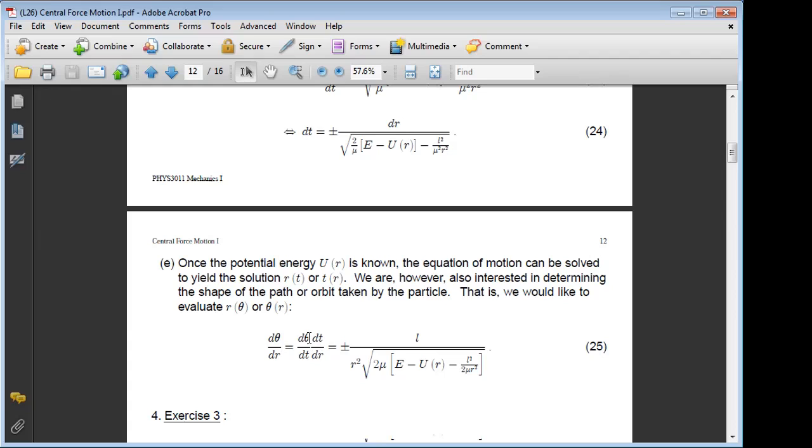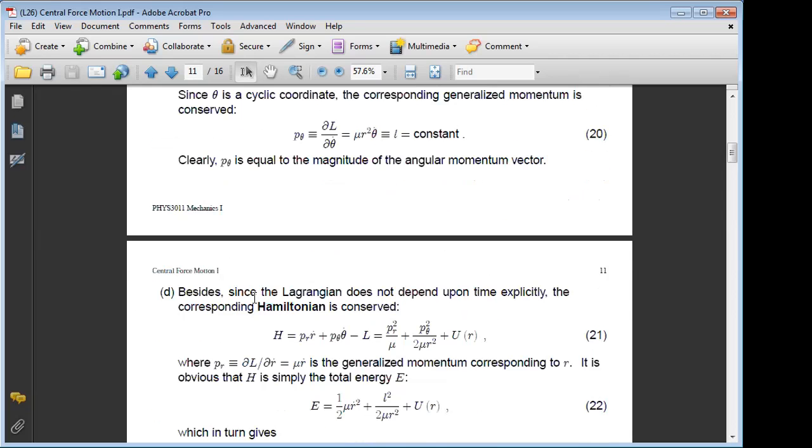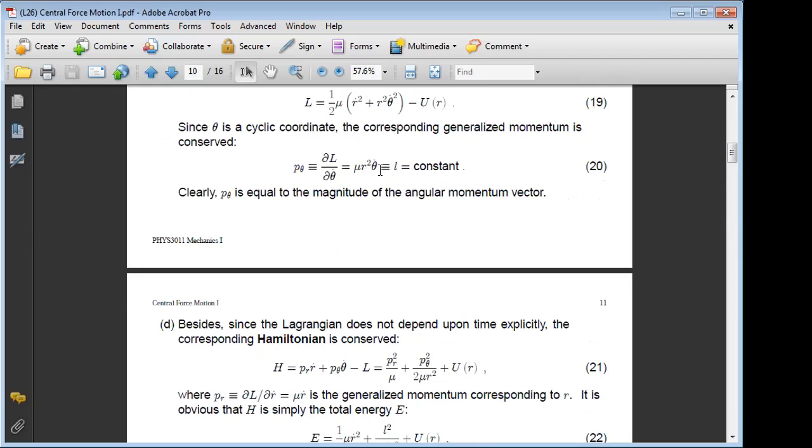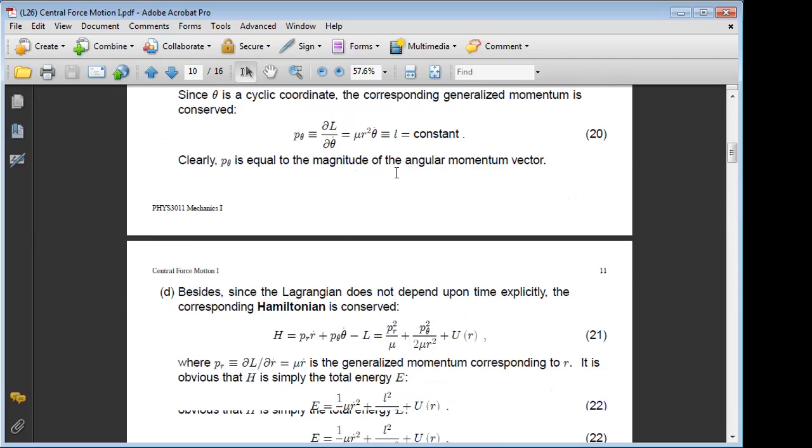All right. So what is d theta/dt? We go back to the angular momentum here, equation 20. Mu r squared theta dot equals the constant L. So theta dot is equal to L divided by mu r squared, right?